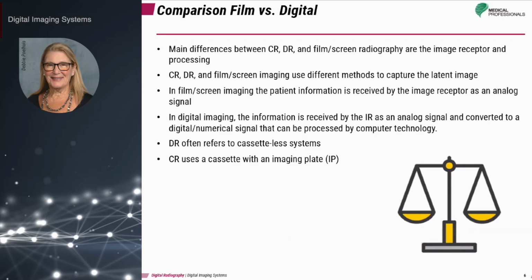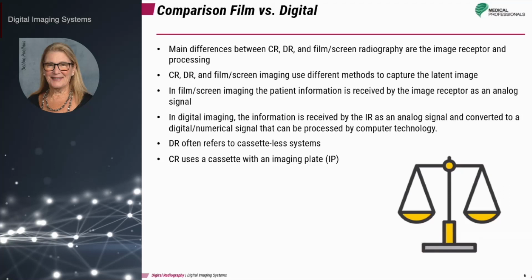So let's look at the basic differences and compare film with digital. The basic differences between conventional film screen imaging, computed radiography, or CR, and direct digital radiography, or DR, are the image receptors that are used to capture the latent image, and the methods that are used to transform that latent image into a manifest or visible image.